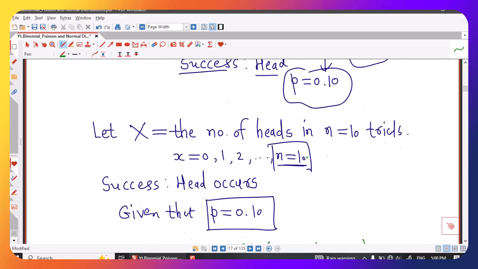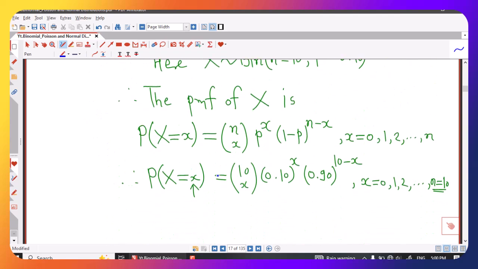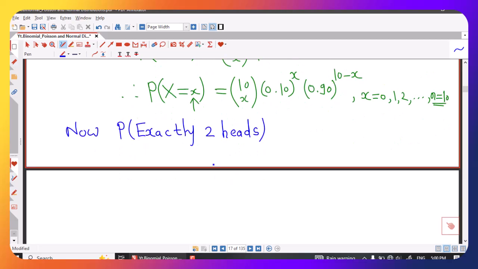Here we are asked to calculate the probability of getting exactly 2 heads in 10 trials. So now we put x equal to 2. We are interested in the probability of exactly 2 heads, so we obtain that by taking small x equal to 2 in this formula, that is the probability of capital X equal to 2, and here we substitute x equal to 2 everywhere.